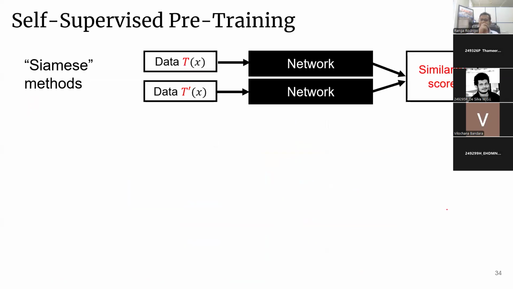But then people came up with other methods like the Siamese network. You take the data and do one transformation on it, and another transformation, and you run them through the same network, and the scores should be similar. Rotation is just one of them. You can do other things like add some intensity, or different kinds of transformations.